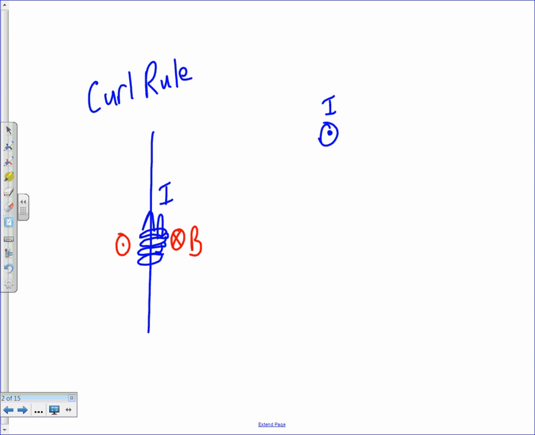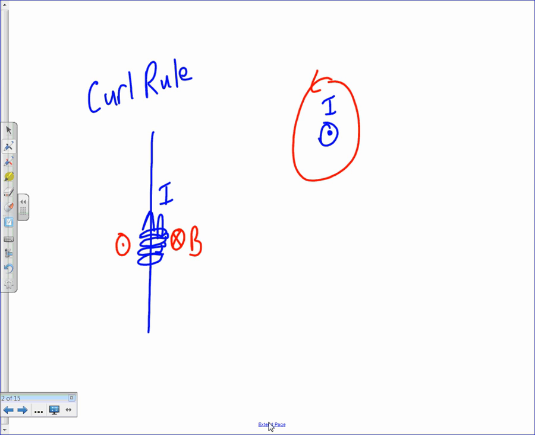Your thumb goes in the direction of I, and then your magnetic field looks like that. So that's just another perspective of how to look at it. In this case, the wire itself is coming out of the page. Here, the wire was just going in the plane of the page.